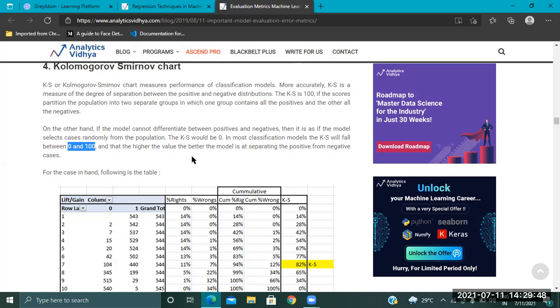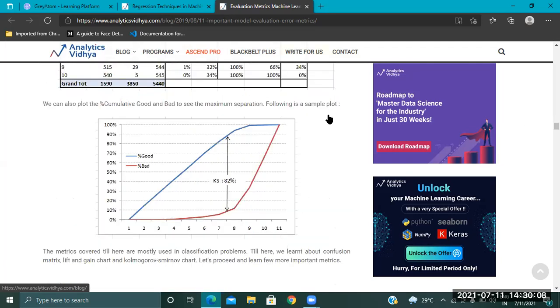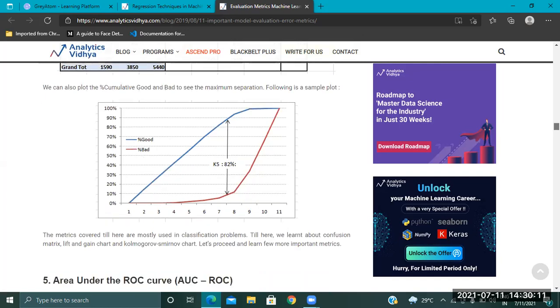The KS chart indicates the degree of separation between positive and negative distributions. So the KS chart will measure by using the degree of separation between the positive and negative distributions. After that, it will plot and show the output.